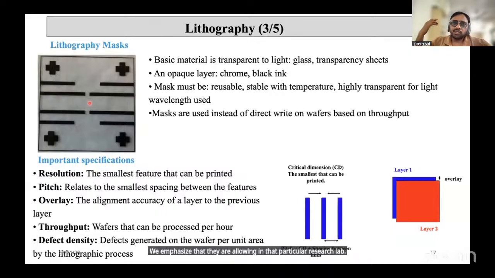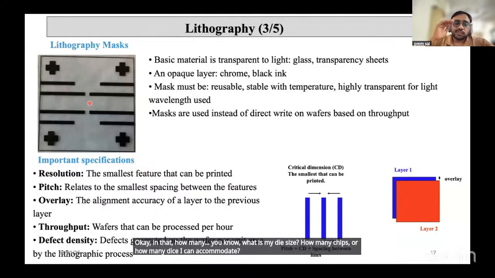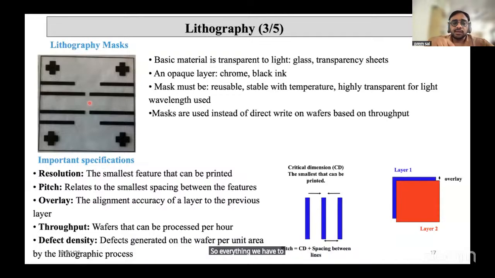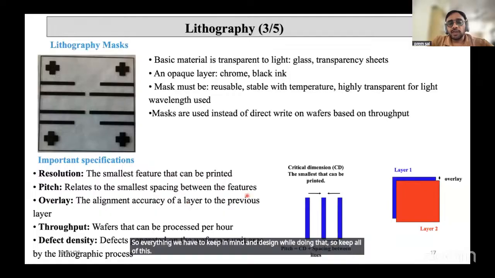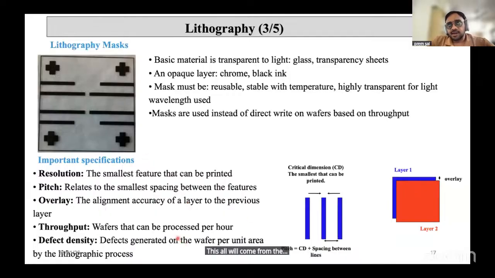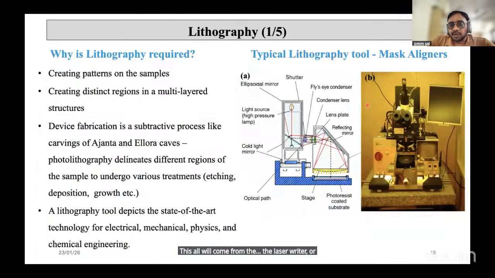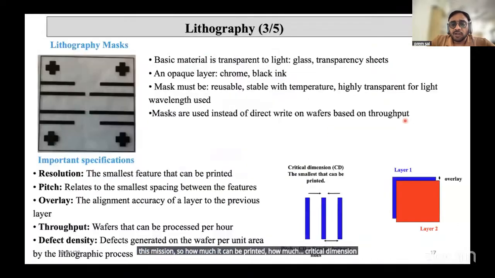Then what is my die size, how many chips or dies I can accommodate. We have to keep everything in mind and design accordingly. All of this will come from the laser writer or this machine: how much it can print, how small a critical dimension it can print, all that.